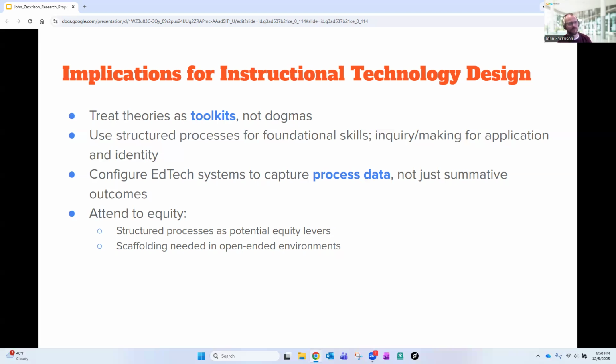Building in scaffolds and monitoring variation in outcomes becomes very, very important. Overall, the implication is that instructional technology is not just about selecting the tools, it's about designing, measuring, and refining theory-informed processes that balance effectiveness, efficiency, learner agency, and equity.